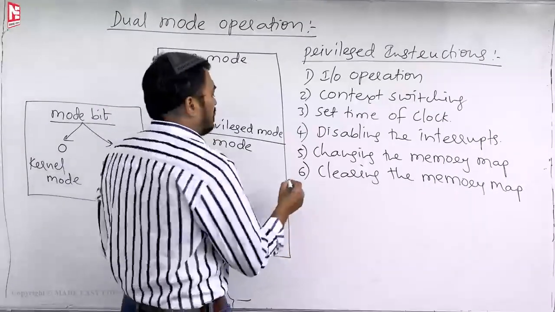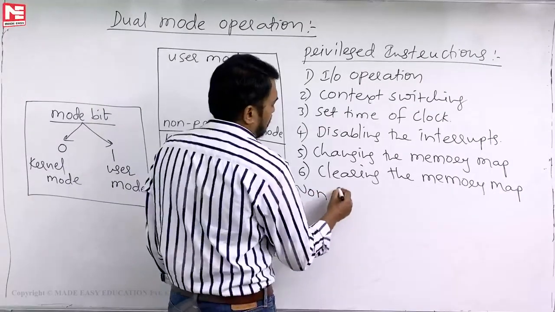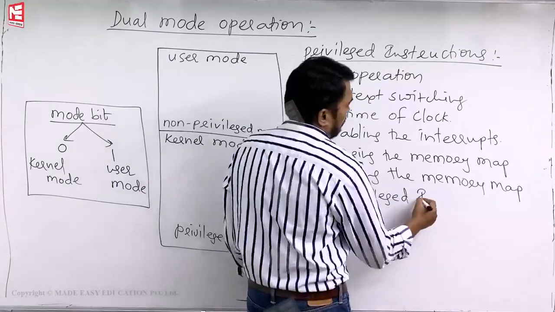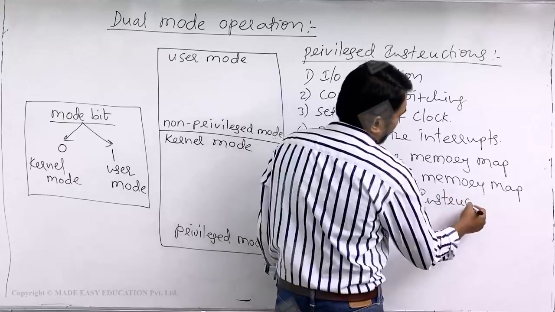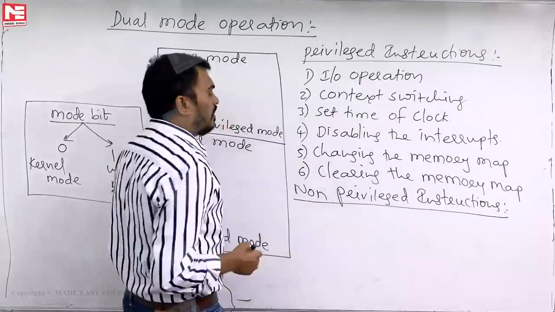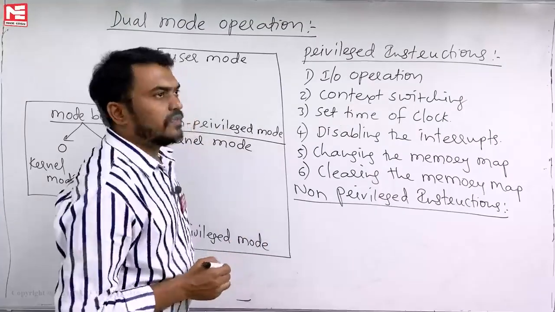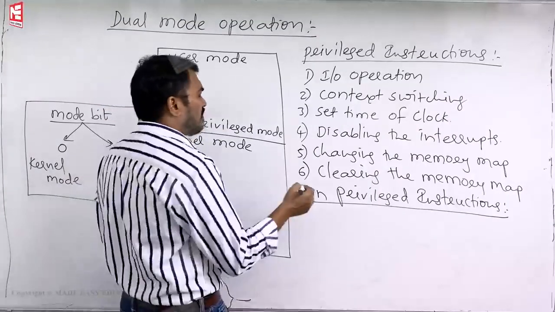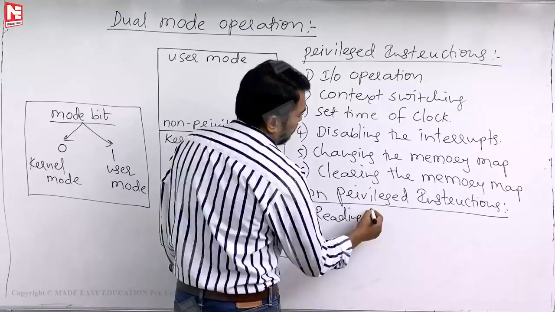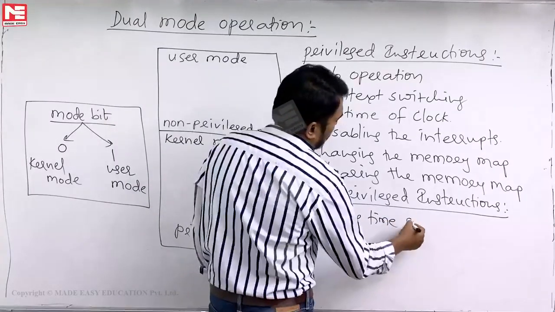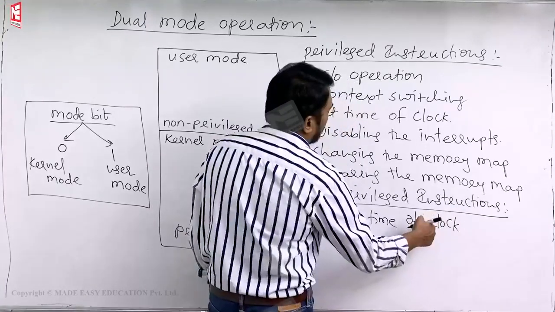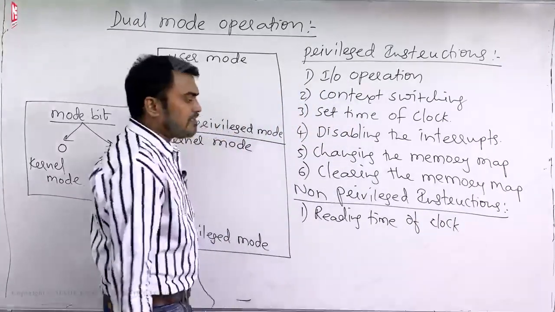Is that clear? So let's see what a non-privileged instruction is. Let's note down some examples of non-privileged instructions. Reading the time of clock: you are just performing only a read operation, reading the time of the system clock.